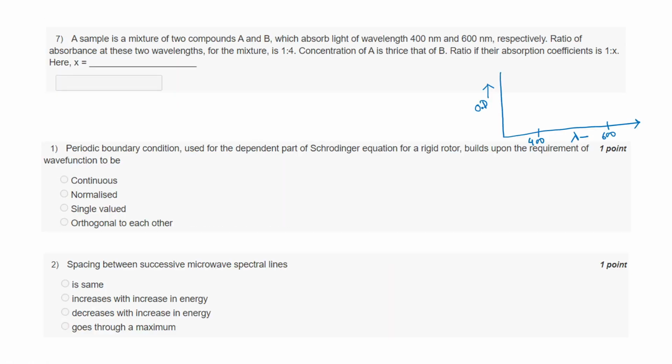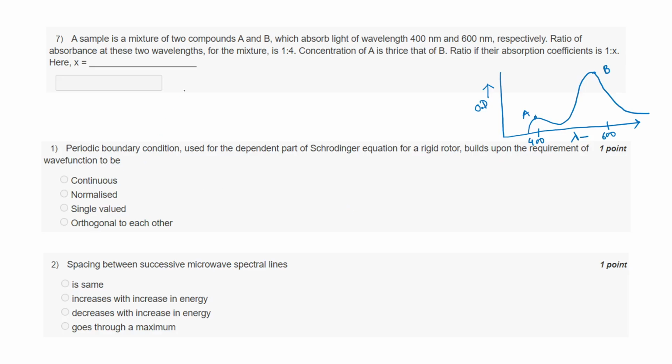So the ratio of the absorbance at these wavelengths is 1:4. So this is for the mixture. So A absorbs at 400 and B absorbs at 600. So now we have the mixture concentration. Concentration of A is thrice that of B.